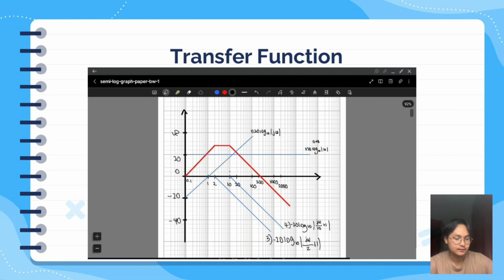The first line is there at 20, while the second line is there at negative, but is increasing about 45 degrees above, and for the third line it's decreasing about 270 something degrees.